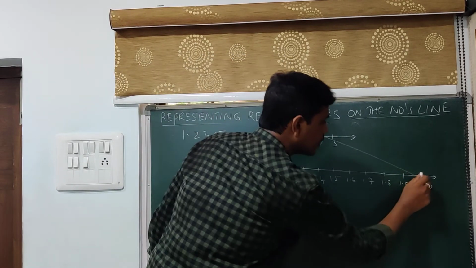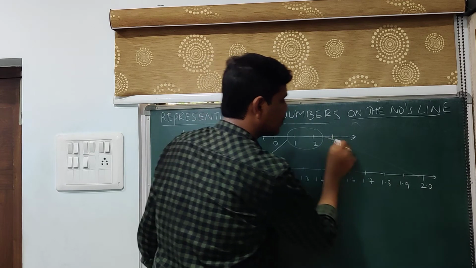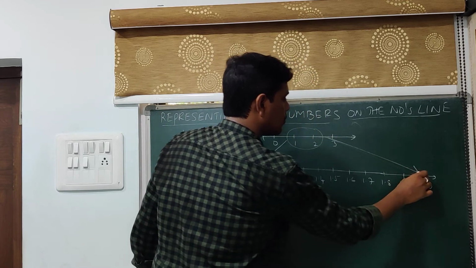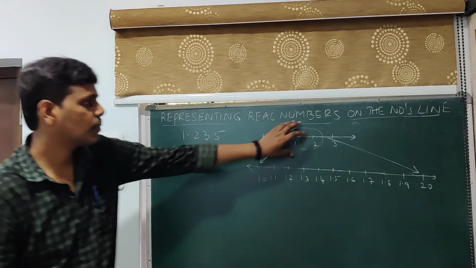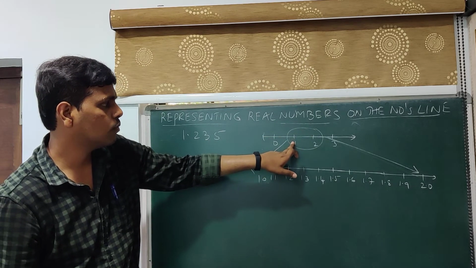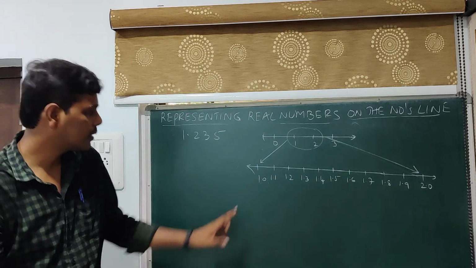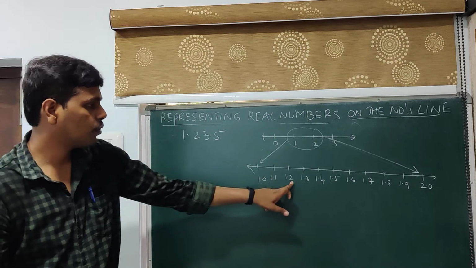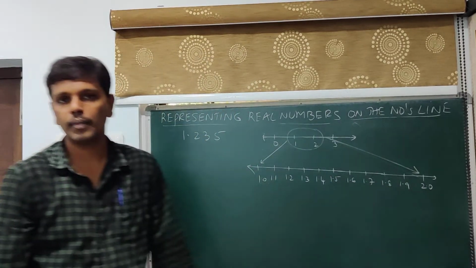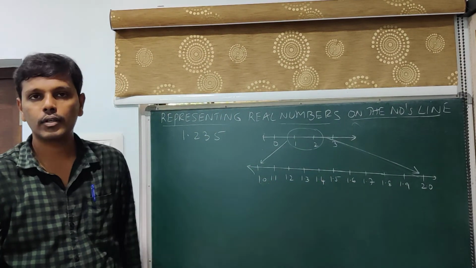Now this is what I am magnifying. I am trying to see what is there in between 1 and 2. That is 1.1, 1.2, 1.3, so on. These are the numbers that lie between 1 and 2.